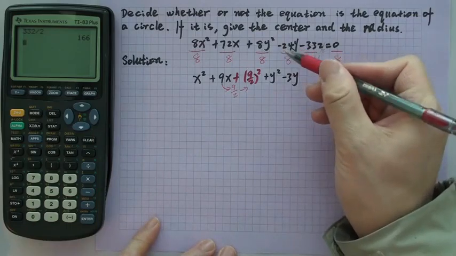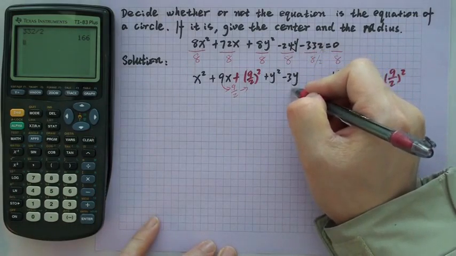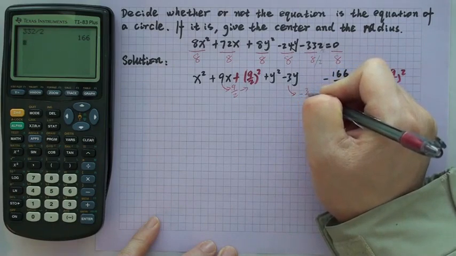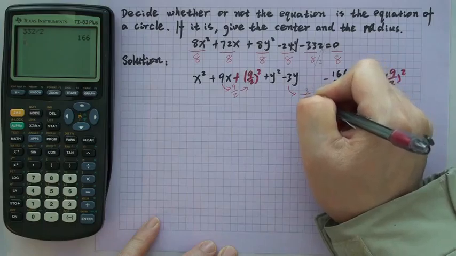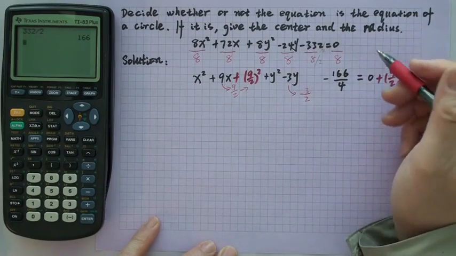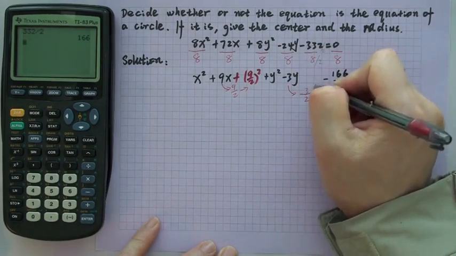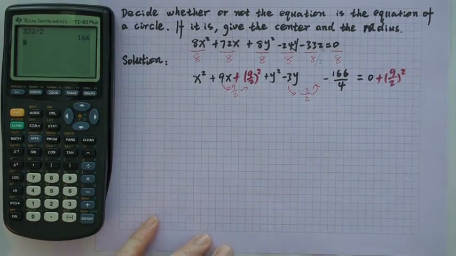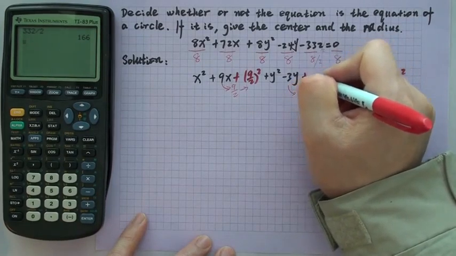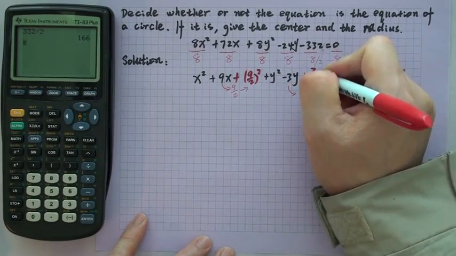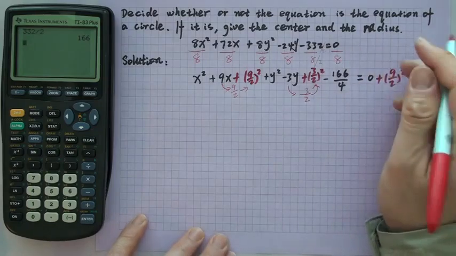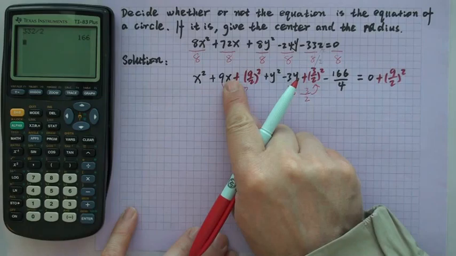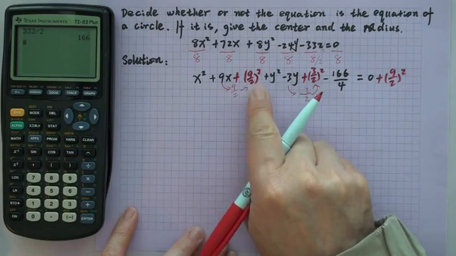Similarly, for this one, you want to choose half of the coefficient 3 and then square it. So basically you want to add 3/2 squared. So you always choose half of the coefficient of x, square it.